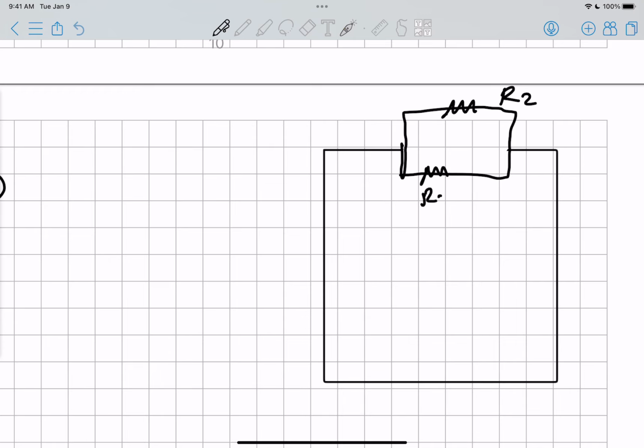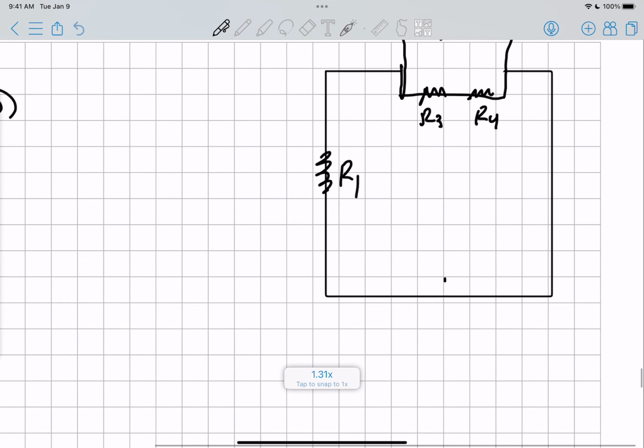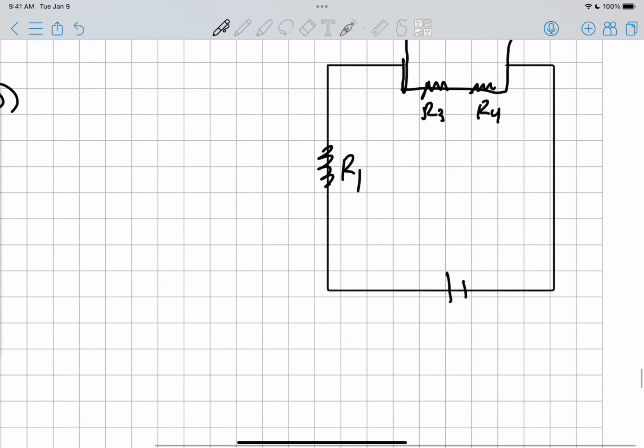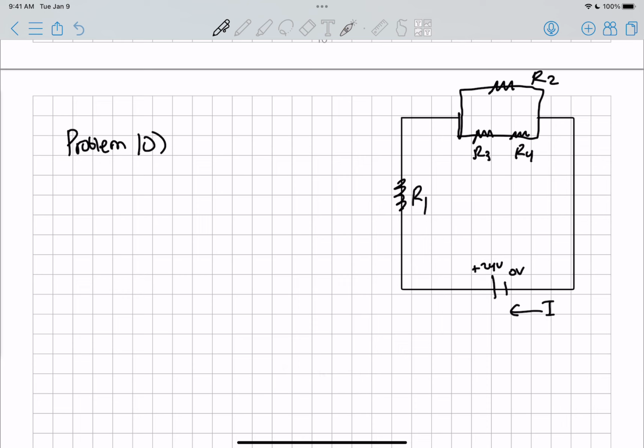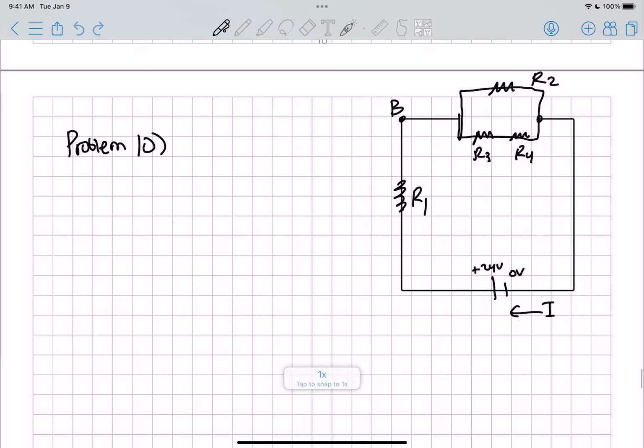Here's R3 and R4, right? And here's R1. Here's your positive terminal, here's your negative terminal, 24 volts, 0 volts on the other end. And the current moves this way, obviously, right? And we have this point B that they want us to label, and this point A that they want us to label over here, or should be over here.